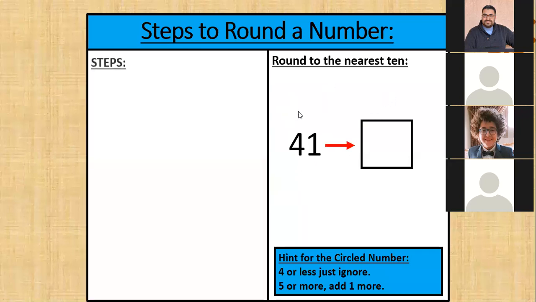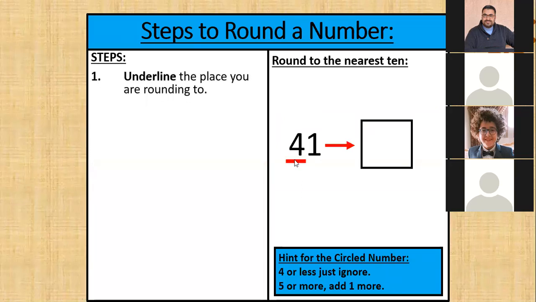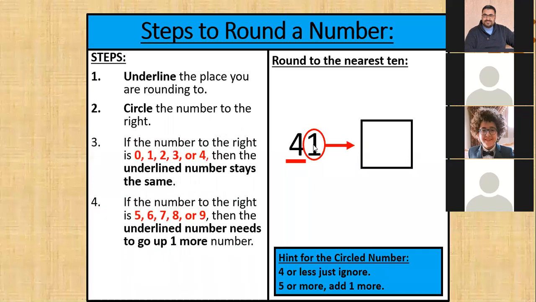We will check. First step, we'll put a line under the 10th place here. We'll put a line under 4. This will be the first step. Step number 2, we'll make a circle around 1. Step number 3, we will stop for a moment to check 1. Is 1 a rich number or a poor number? 1 is a poor number.